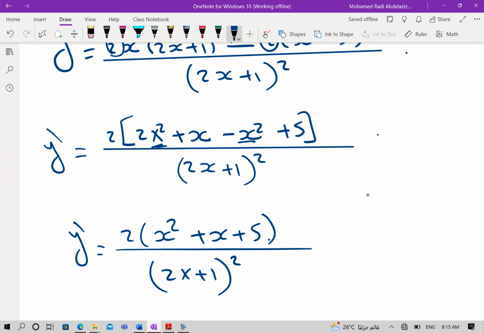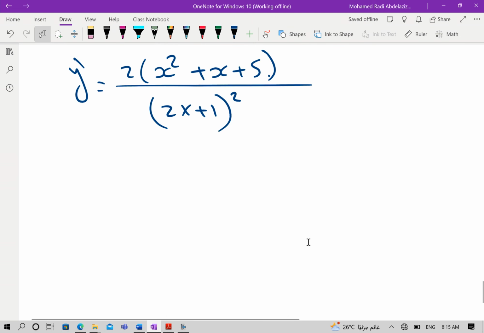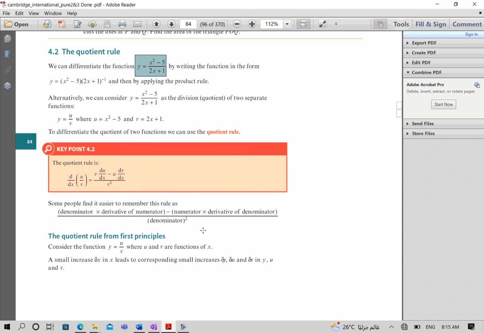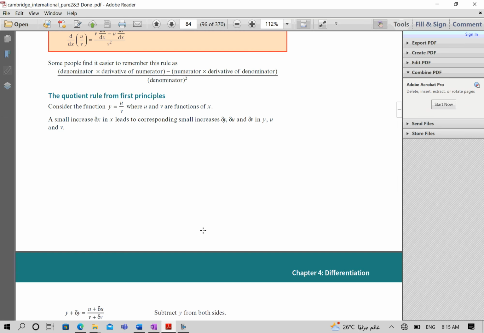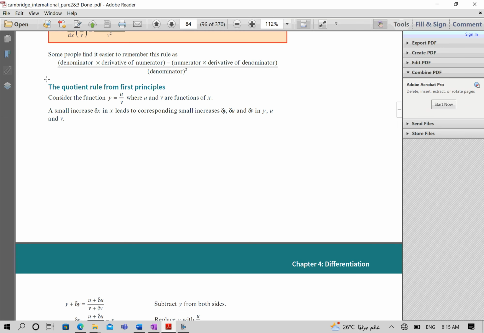So start to differentiate again using the same quotient rule, then equate the first derivative with 0 to get the stationary point, but the second derivative we use to get whether it is a minimum or maximum.